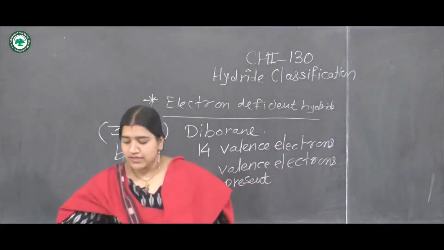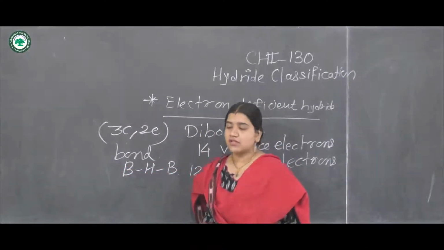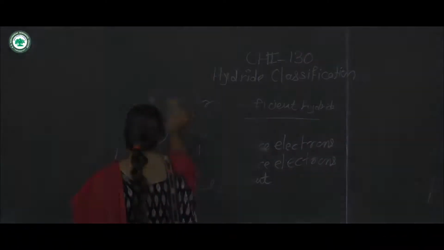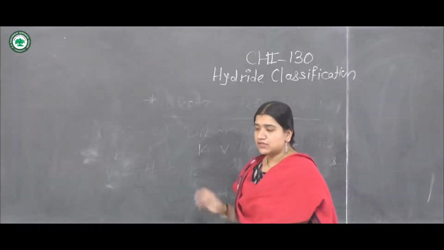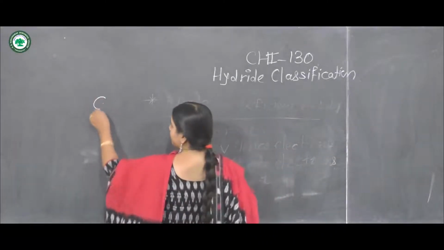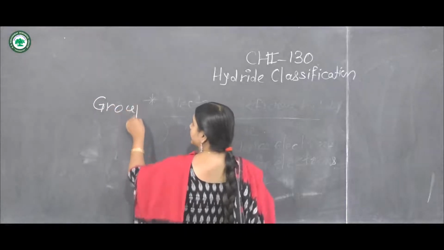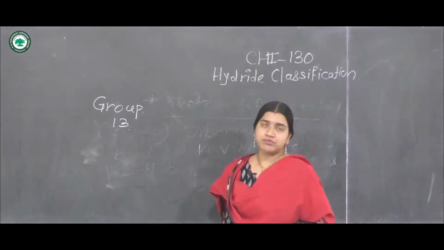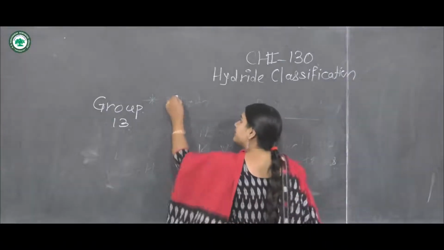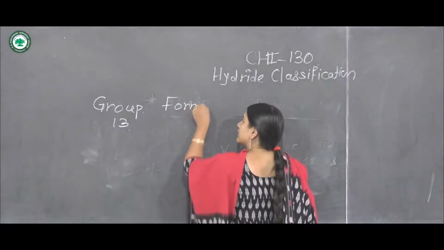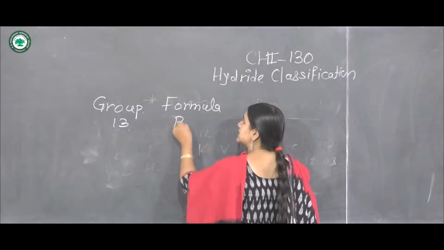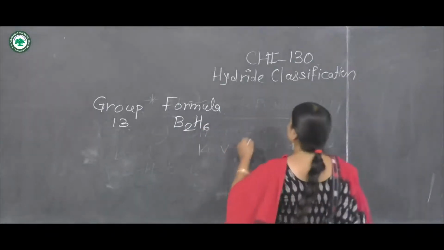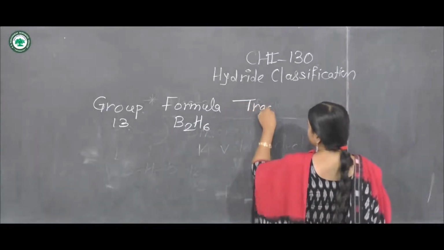Now if you see the electron diffraction structure, how does diborane look? It is a hydride from group 13 of the periodic table. The formula for this is B2H6, and the traditional name is diborane.